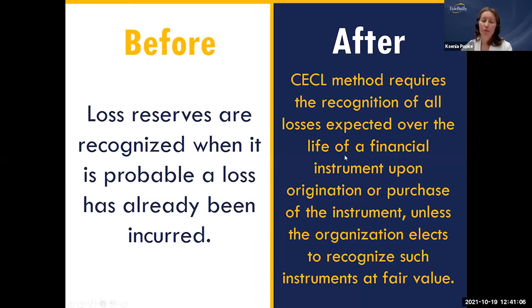But under this particular standard, trade receivables will have to be looked at in a lot more detail based on the historic information within the organization, available information at the time that receivable is entered into, and the loss reserve would have to be recognized at that particular time.